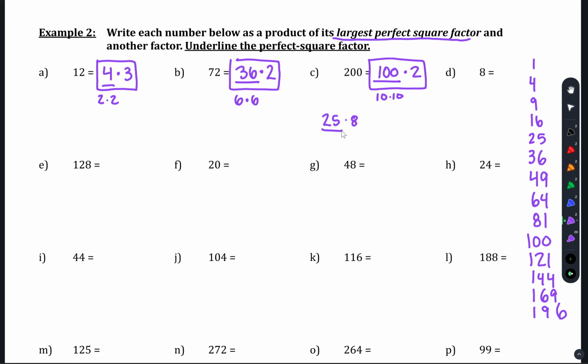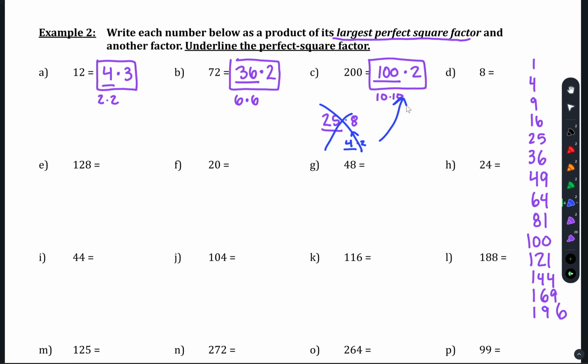So if the other number also has a perfect square in it, that means we didn't pick the biggest perfect square. That means we need to try again. I'm going to cross this out, and we should end up finding that 100 times 2 works. So check that second number. Make sure there's no perfect squares that can go into it.